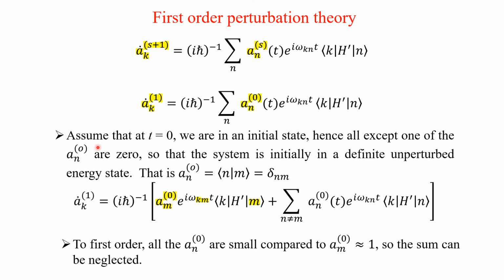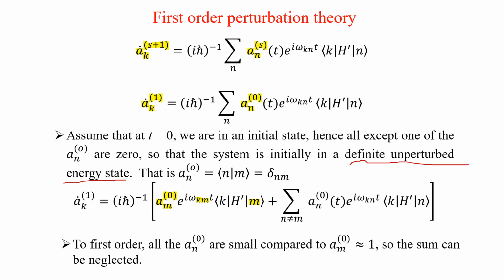Now you assume that at t equal to 0, that is a time equal to 0, we are in an initial state. So naturally at the initial state, all except one of the an of 0 are 0, because in the expansion initially it is under definite unperturbed state. That's what I have mentioned.